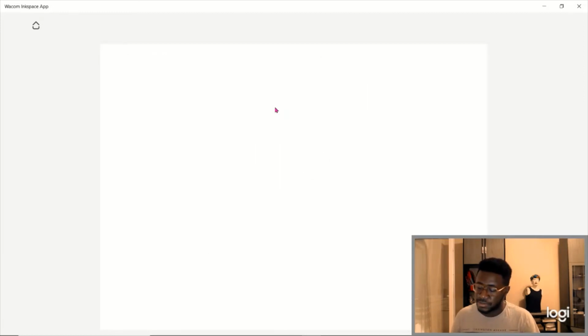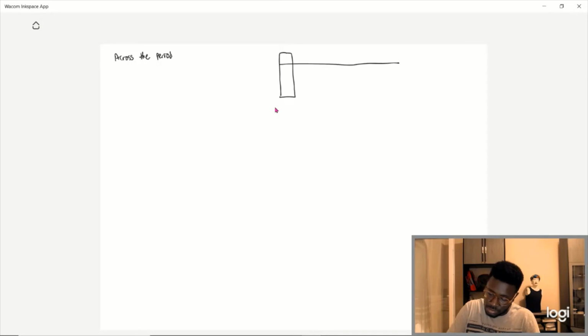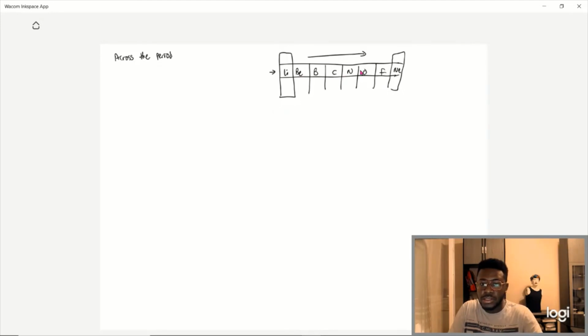What about across a period? Across a period, the number of shells is the same, but the number of protons is increasing.